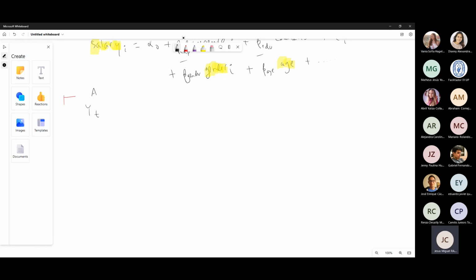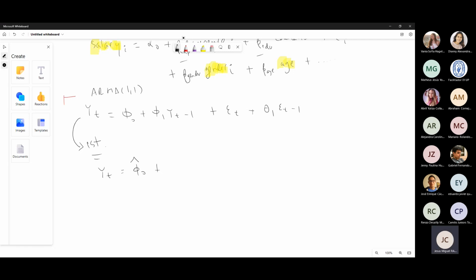Okay, let's say the model is this one. This is a true data generating process. And then this question. You estimate this model. You have this.